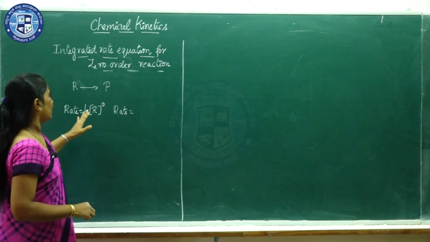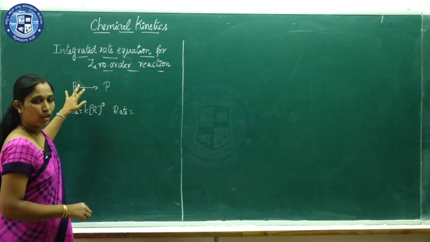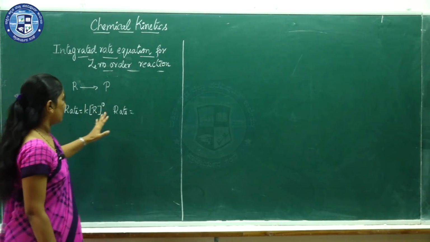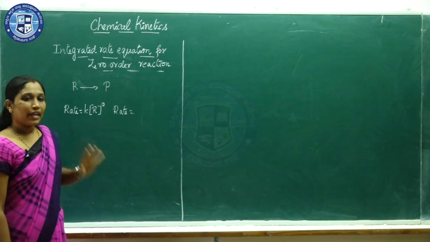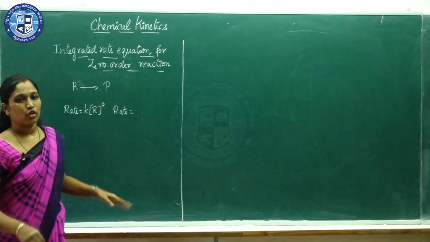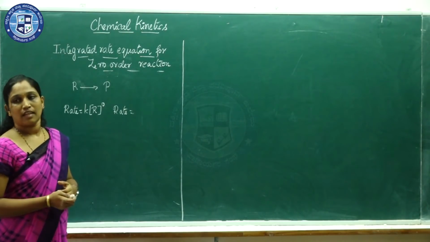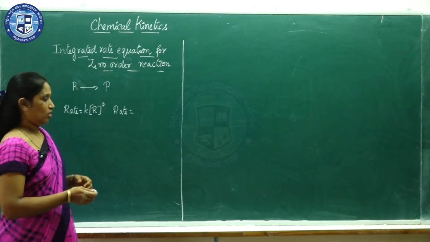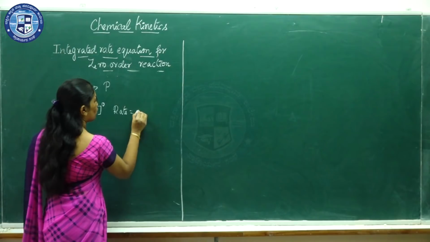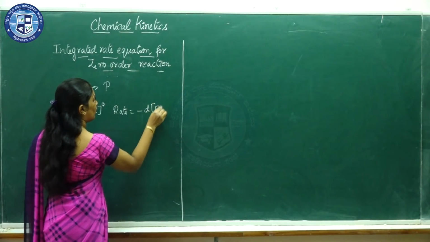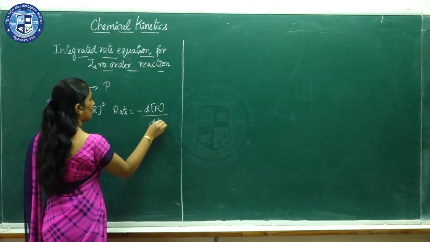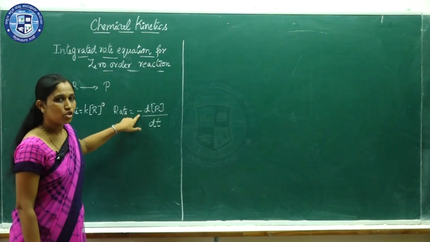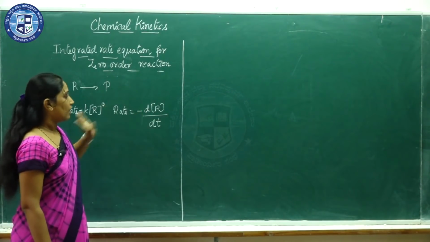You can write either in terms of the reactants or in terms of the products. When you write it in terms of reactants, make sure to put a negative sign, because as time proceeds, the concentration of the reactant goes on decreasing. So rate is equal to minus dR divided by dt. I am writing the differential equation in terms of the reactants, so I am using a negative sign here.